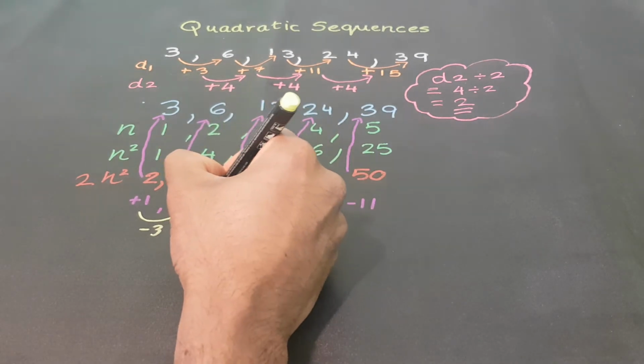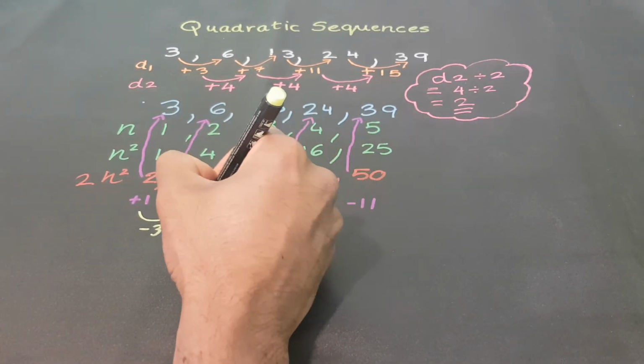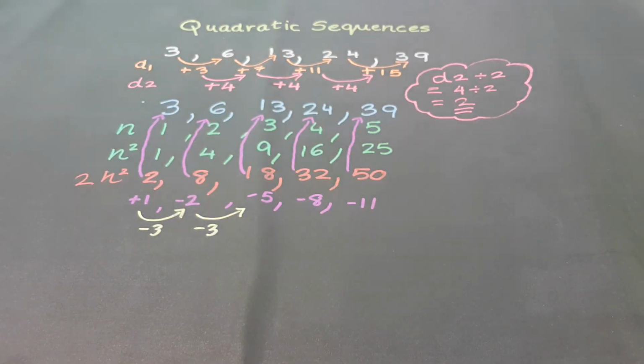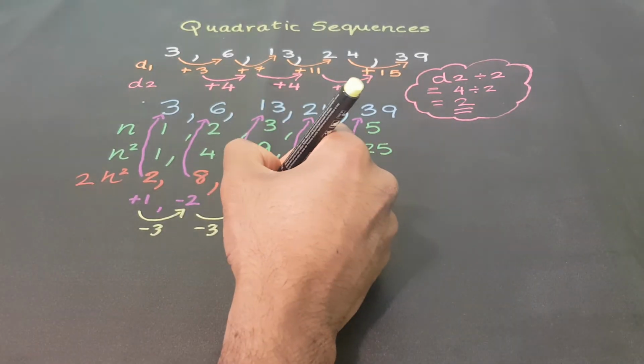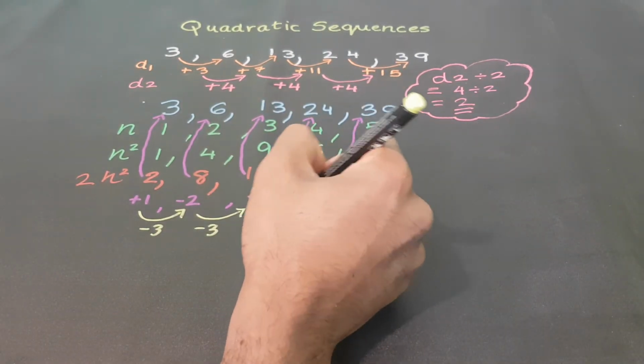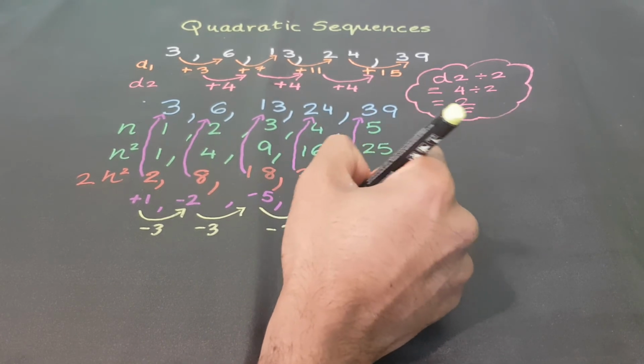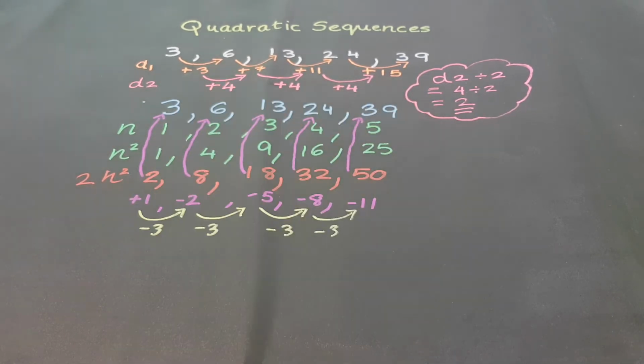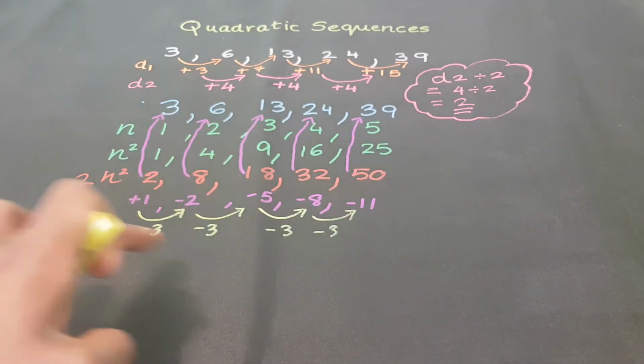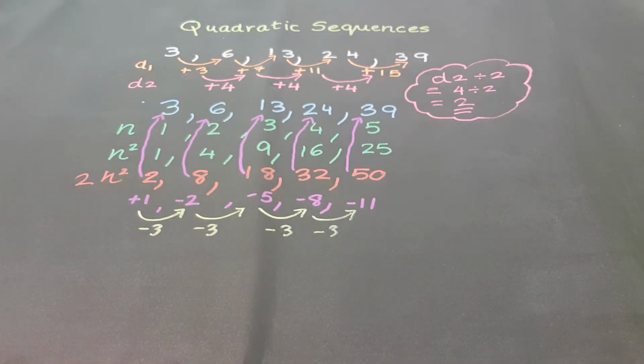And minus 2 to minus 5, I have to subtract 3 again. Minus 5 to minus 8, I subtract 3, and subtract 3 again from minus 8 to minus 11. So because I'm subtracting 3 each time, this is an arithmetic sequence, and I can find the nth term of this.